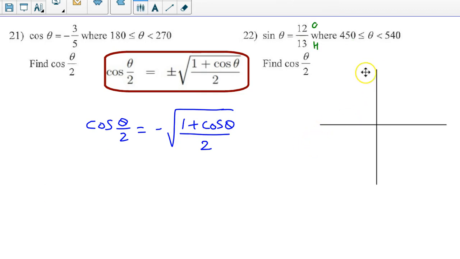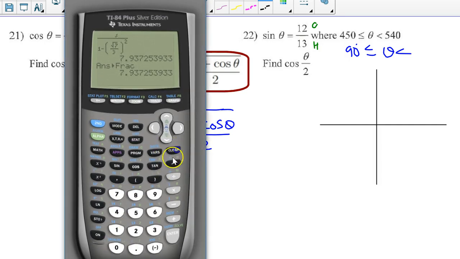Now going back to the old process, given sine theta, and this is the angle we have. So how do you change? 450 is more than 360, so you can just take away 360. 450 minus 360 gives you how much? 90 degrees is less than or equal to theta, and that is less than 540 minus 360, which gives you 180.